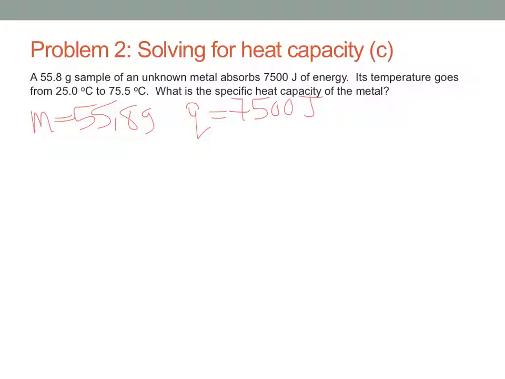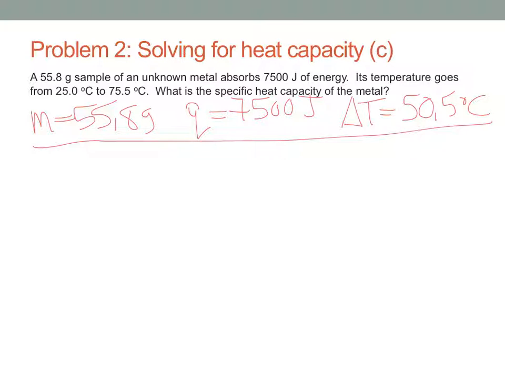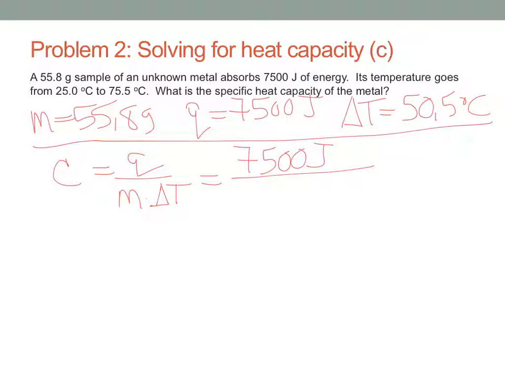Our T1 is 25 and our T2 is 75.5, which gives us a delta T of 50.5 degrees C. So now, rearranging our equation, C is equal to Q over M times delta T, which is equal to, plugging in the numbers, 7,500 joules divided by our mass, which is 55.8, and our delta T, which is 50.5 degrees C.